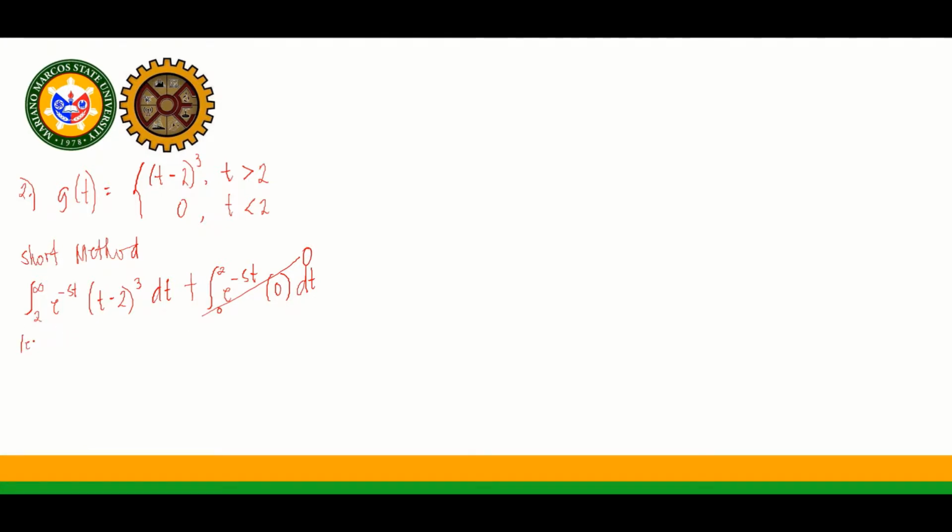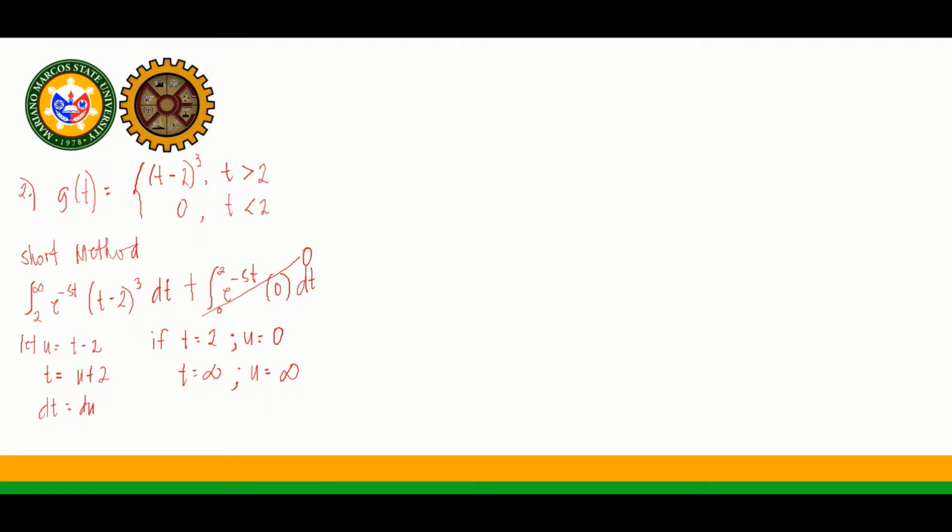So, let u be equal to t minus 2, and t is equal to u plus 2, and dt is equal to du. If t is equal to 2, u is equal to 0. If t is equal to infinity, then u is equal to infinity also.